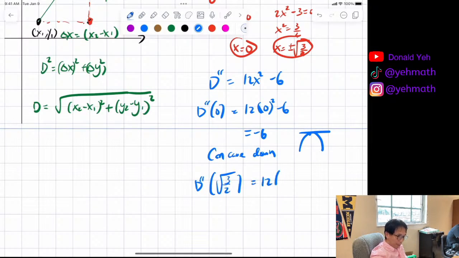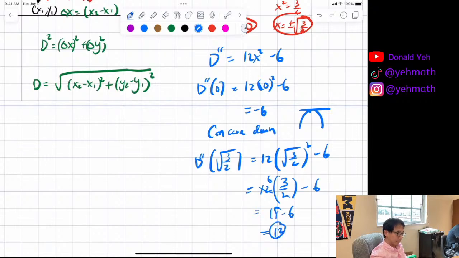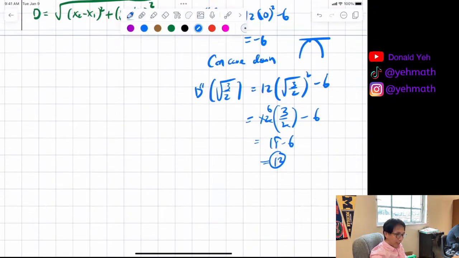That's equal to 12 times square root 3 over 2 squared minus 6. 12 times 3 over 2 minus 6. 6 times 3 is 18 minus 6. That's equal to 12.